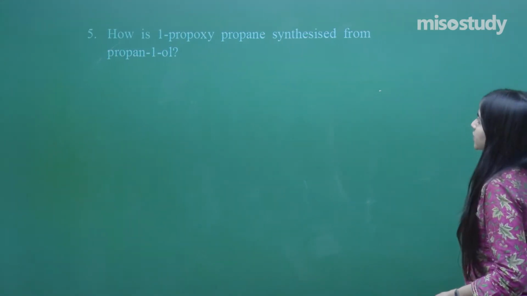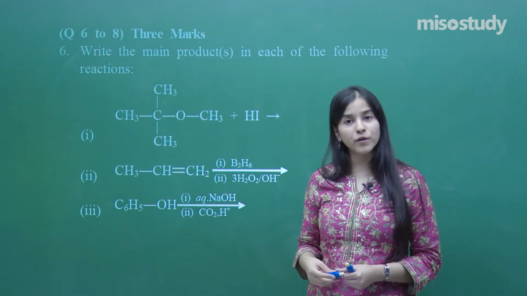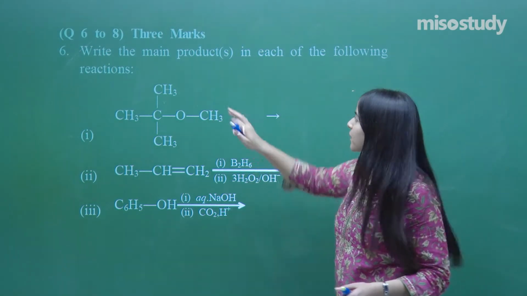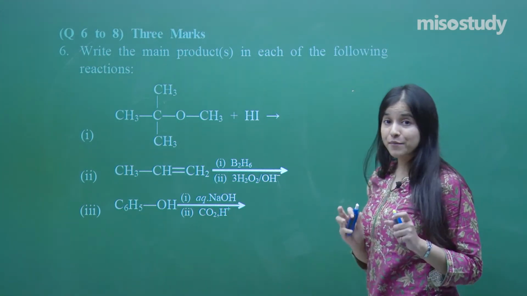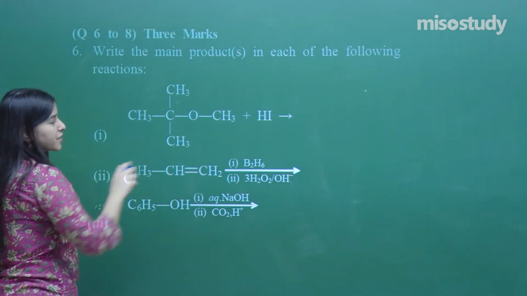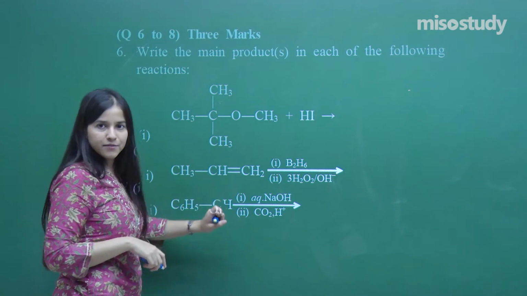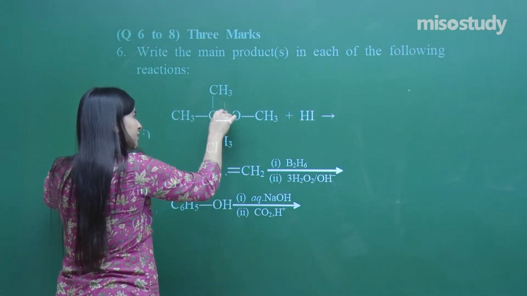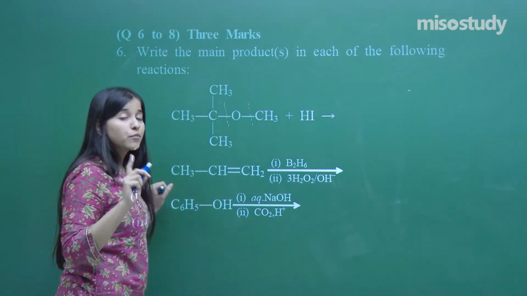I need some variation now. Okay, here comes the variation, and that too very good. 6 to 8, 3-mark questions. Write the main products in each of the following reactions. So I need to write the main product. See here very carefully. These kinds of reactions are very important. Fine? Whenever they have introduced HI, what you're going to do is either you break this or you break this, depending upon the stability.